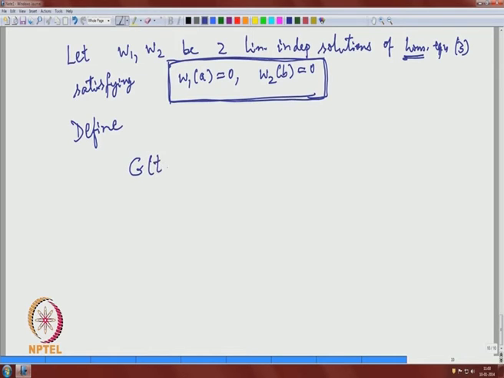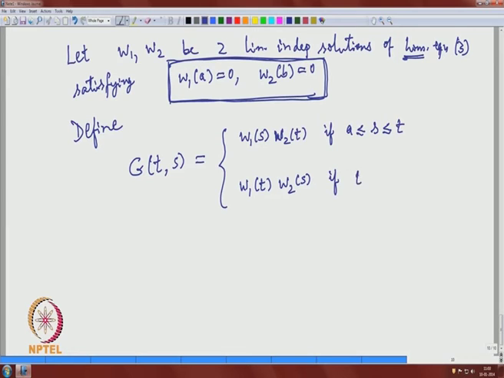Now define g of t, s. It has two parts: W 1 s W 2 t if a is less than or equal to s less than or equal to t, and the other way around, W 1 t W 2 s if t is less than s less than or equal to b.